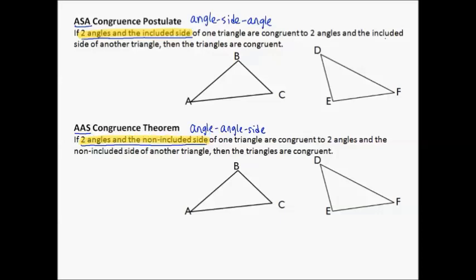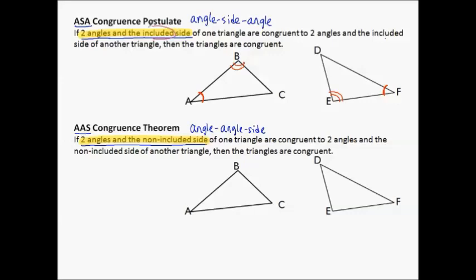Well, both of them have two angles. So let's start with the angles. I'm going to mark angle A congruent to angle F and angle B congruent to angle E. Notice that I'm using different types of angle marks. So I've got two angles. Now the included side.